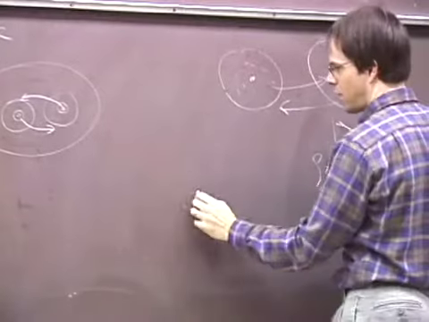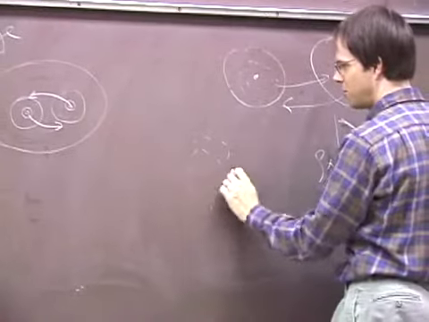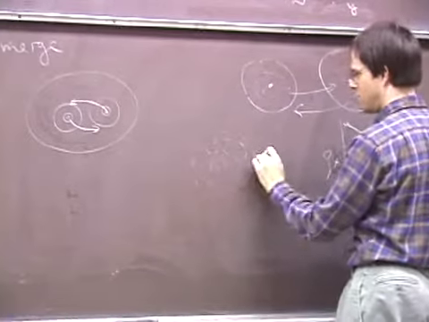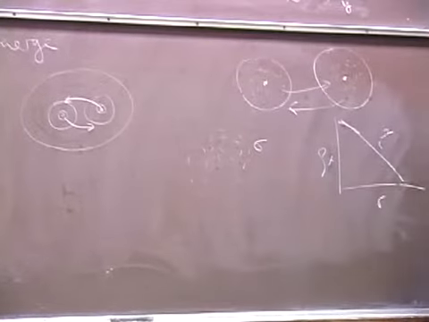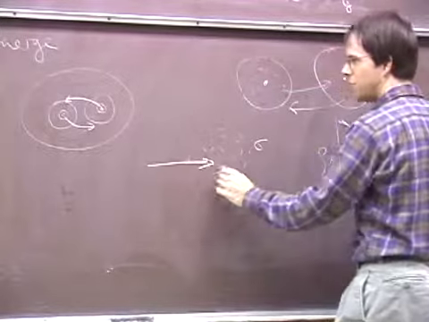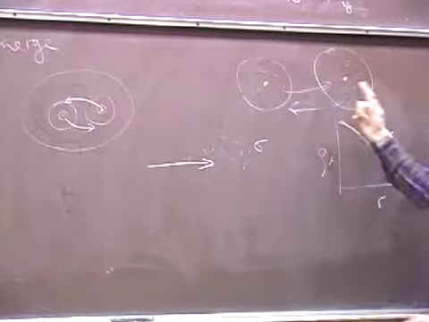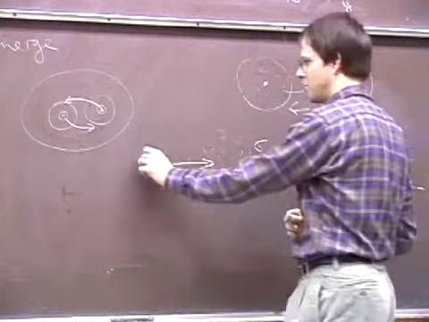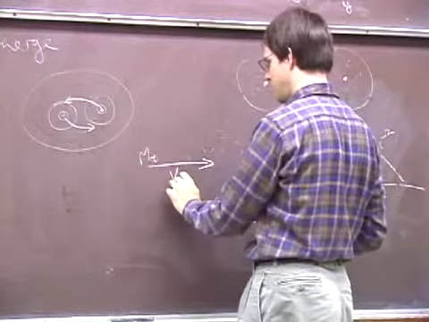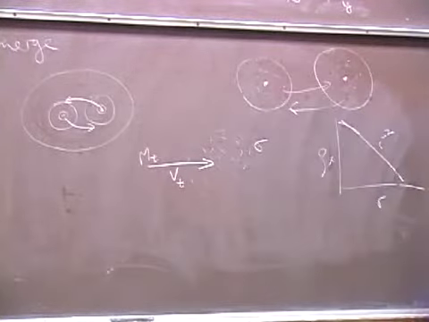And so you can mock this up as imagining that you have a field of stars with some velocity dispersion sigma, and you send some test mass, like the nuclei of one of these galaxies, or perhaps a black hole, through it at some velocity v test.